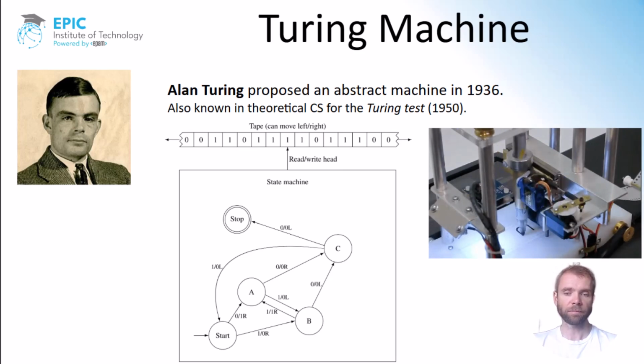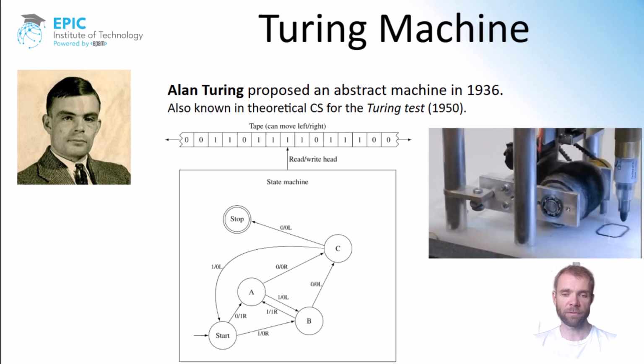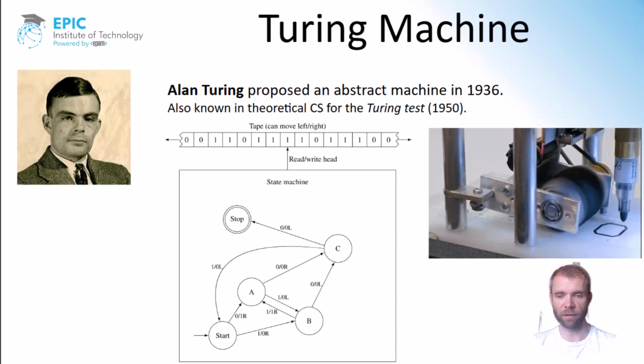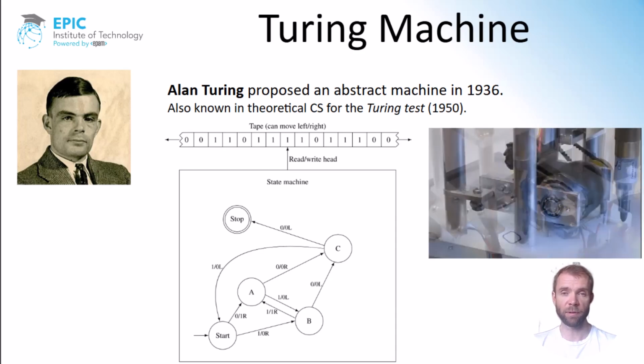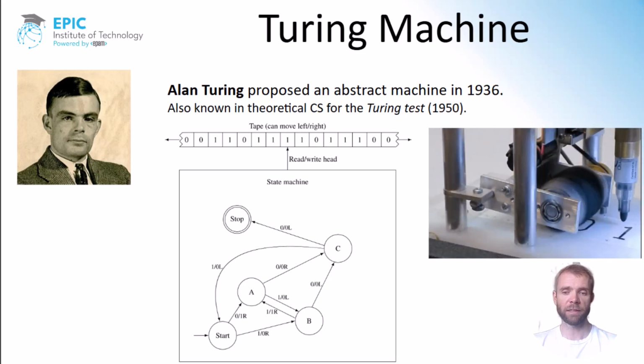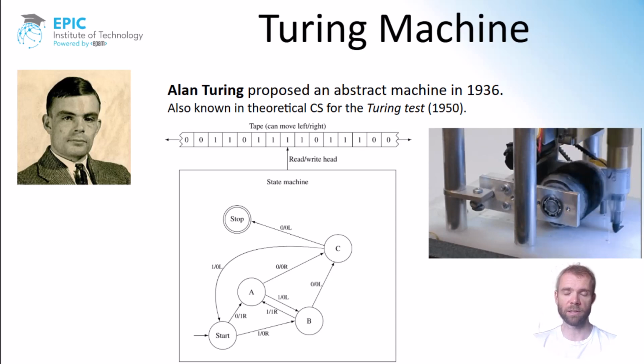And also we have these arrows from state to state. For instance, we can see here an arrow from B to C with a label 0/0L. This means that if the current state of the head is B, and if we observe symbol 0 on the tape, then we write 0 on the tape. So basically we don't change this 0 symbol.